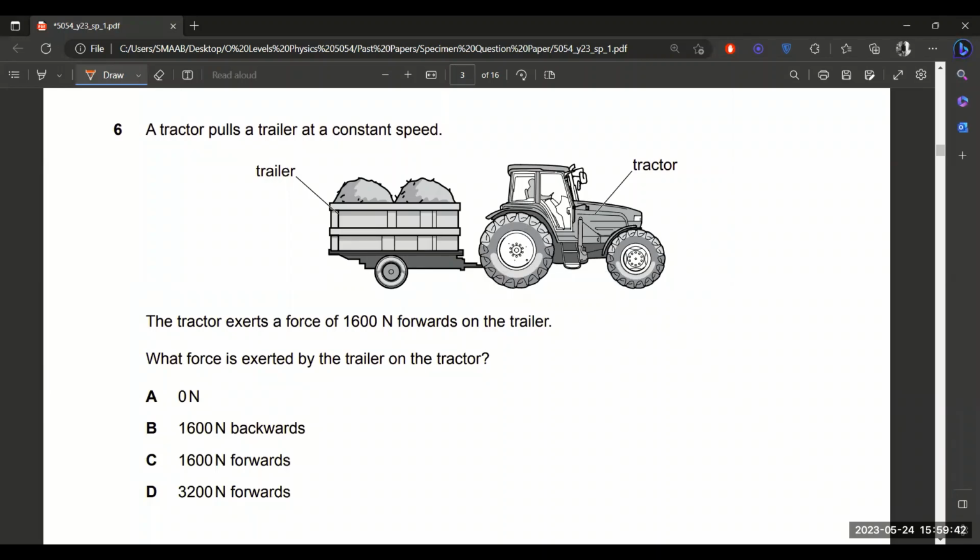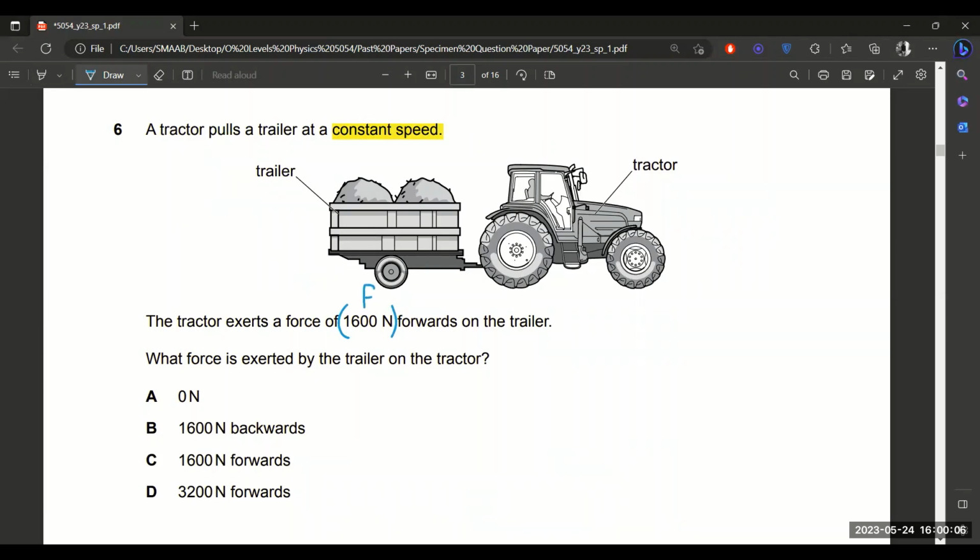Okay, in question number 6, a tractor pulls a trailer at a constant speed. So first of all, the most important thing you need to remember is the concept of constant speed. Next, they are talking about the tractor exerting a force of 1600 Newton. That is the force.